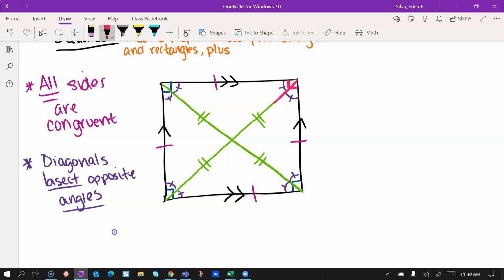So what is the degree measure going to be for each angle created from the diagonals? They're 45 degrees. This is 45, this is 45. So angles bisected are 45 degrees each.